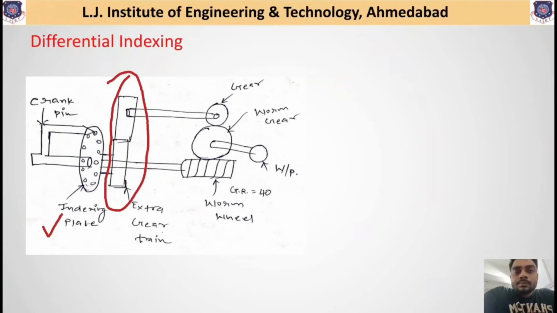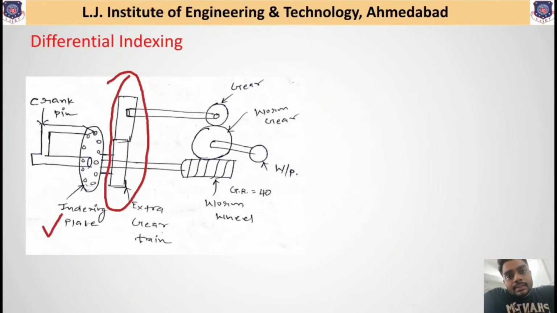So now we have just understood which parts are available in this differential indexing mechanism. Now how this differential indexing mechanism will operate, we will also understand that.